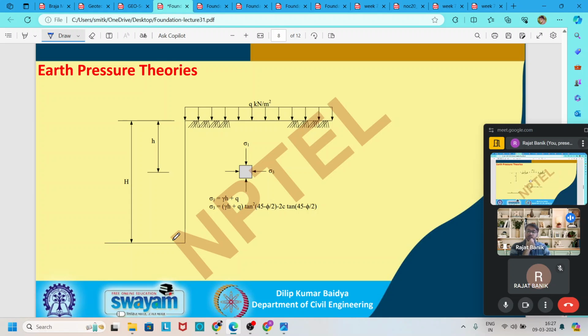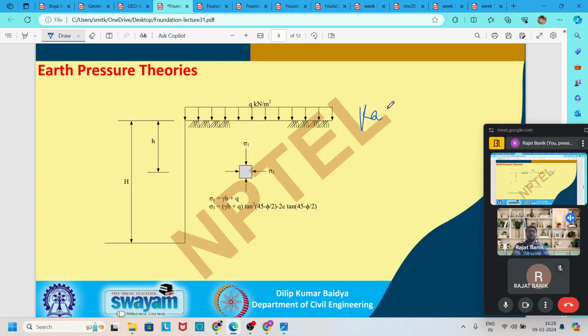Now there is one thing. If there is a surcharge on the ground surface, in the backfill, the surcharge also comes into the calculation for finding the active or passive earth pressure, by multiplying with the active and passive earth pressure coefficients.